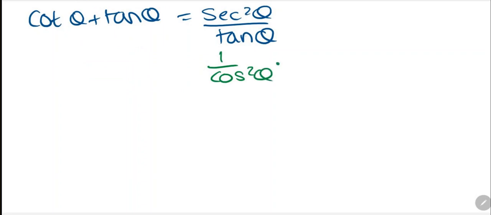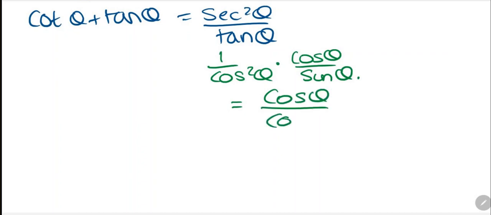And 1 over tan is cot. And cot is cosine over sine theta. So if I just multiply those, I've got cos theta over cos squared theta sine theta. So this is my right-hand side.